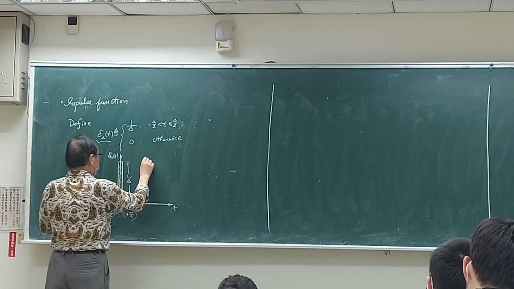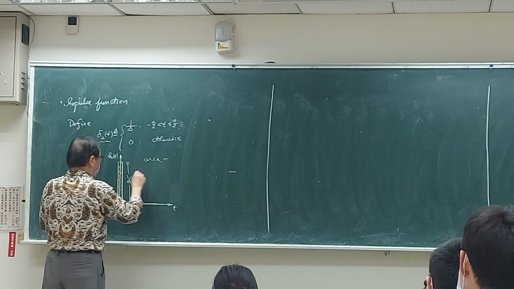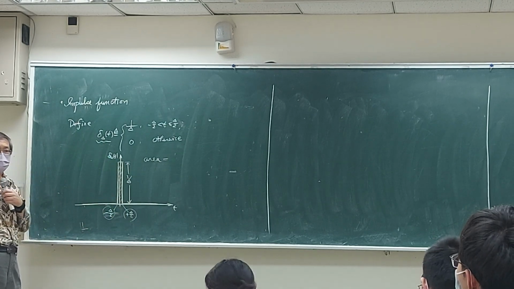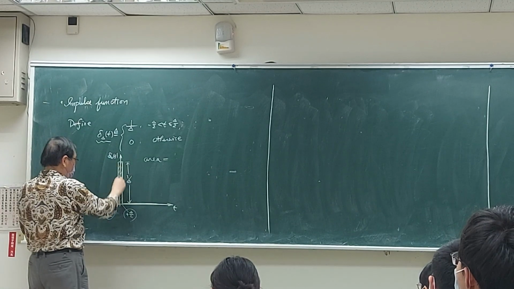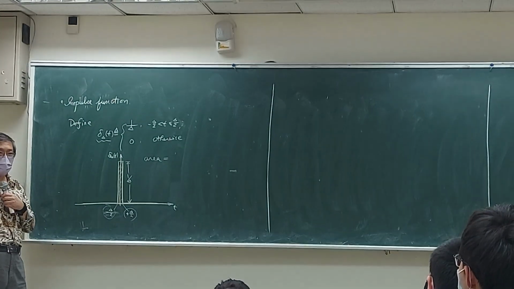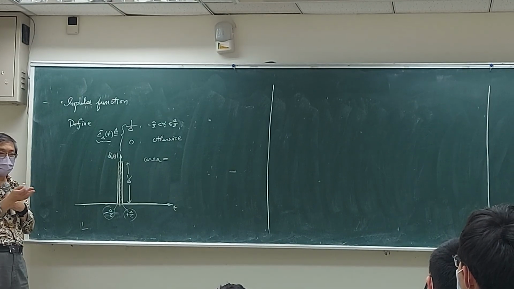Now, what is the area of this rectangular area? The area of this yellow strip is equal to what?